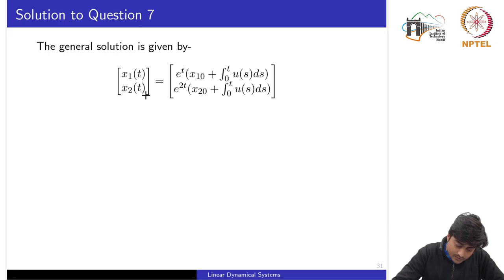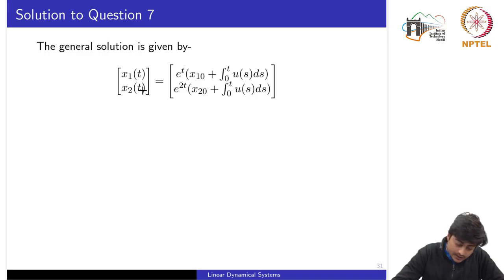The general solution for this system, where the A matrix is a constant matrix and the time-varying terms are only in the B terms, we can write using the variation of constants formula, the solution for x1 and the solution for x2.